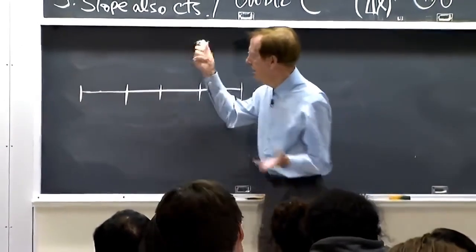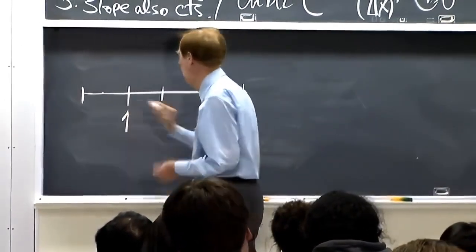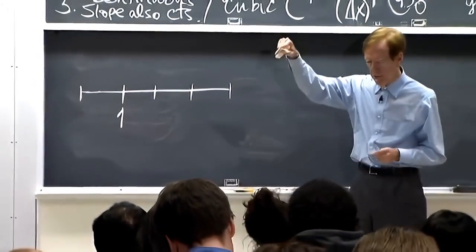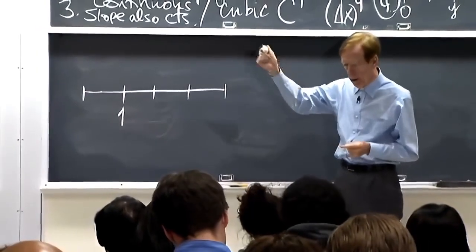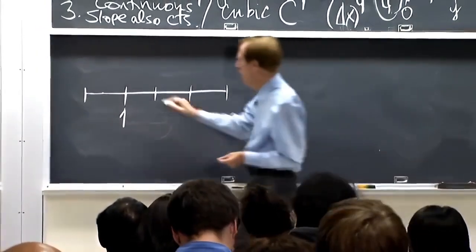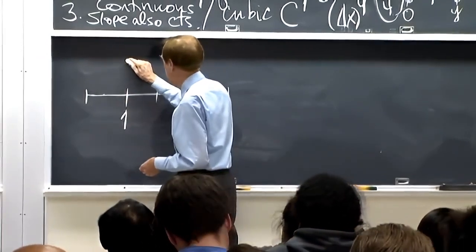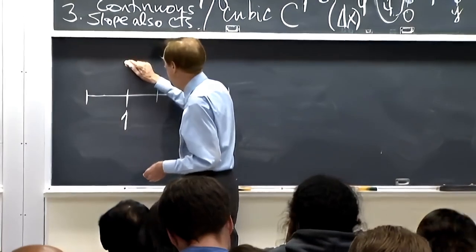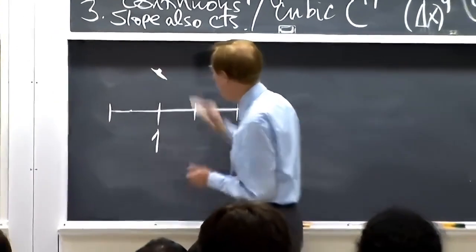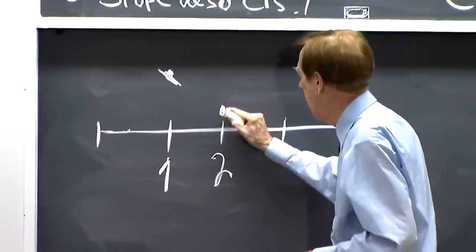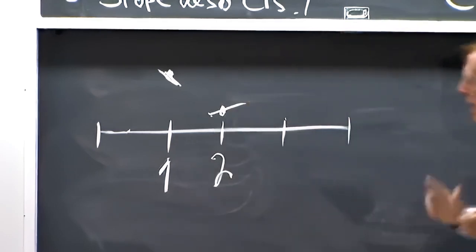And now at a typical node like node 1, I plan to have as unknowns the height of the function, as before, and also the slope. So my trial function is going to have some height and some slope. And at node 2, it's going to have some height and some slope. And here's the question.